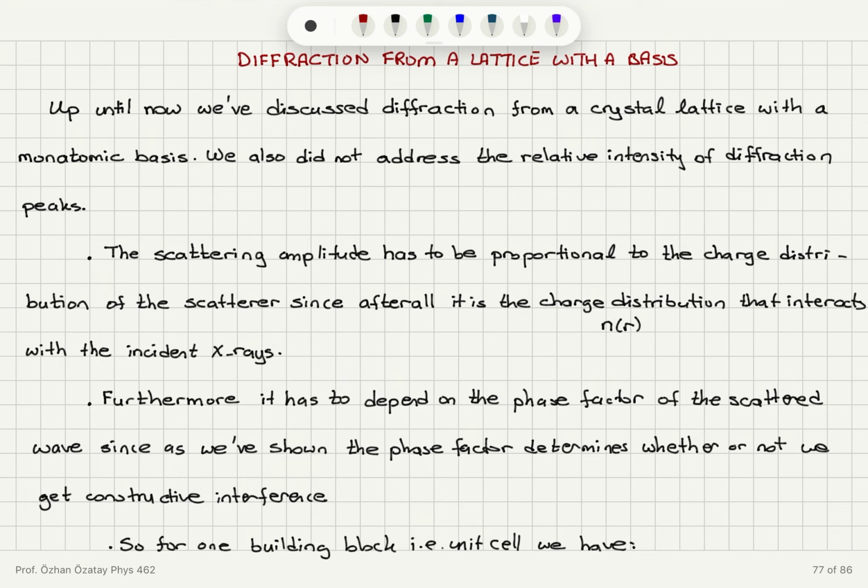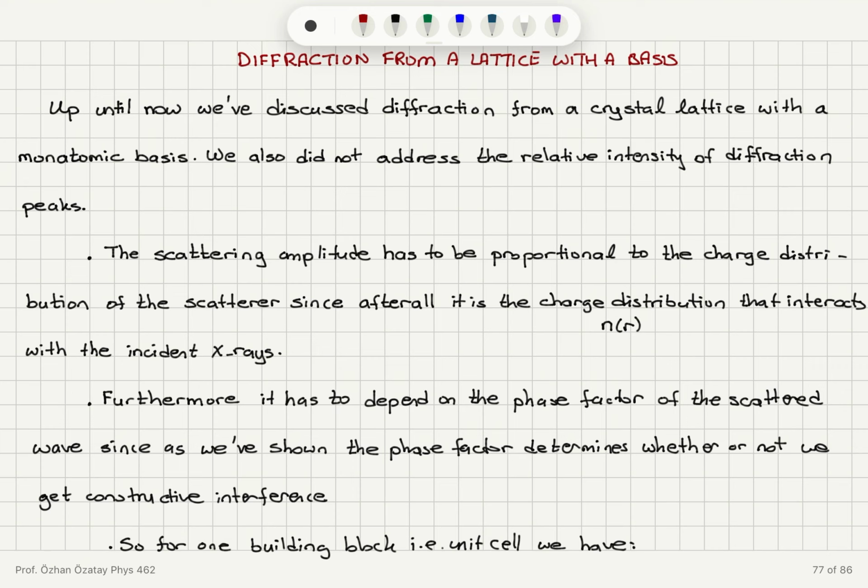Ewald construction tells us for which angles this diffraction condition is satisfied. And then we talked about the Brillouin zone: if the tip of the wave vector touches the first Brillouin zone or any of the Brillouin zones, you will see constructive interference.